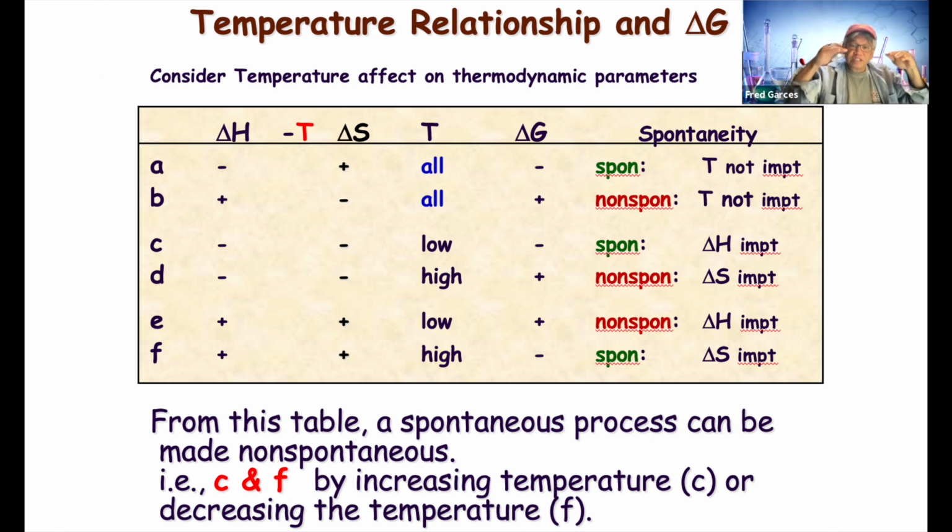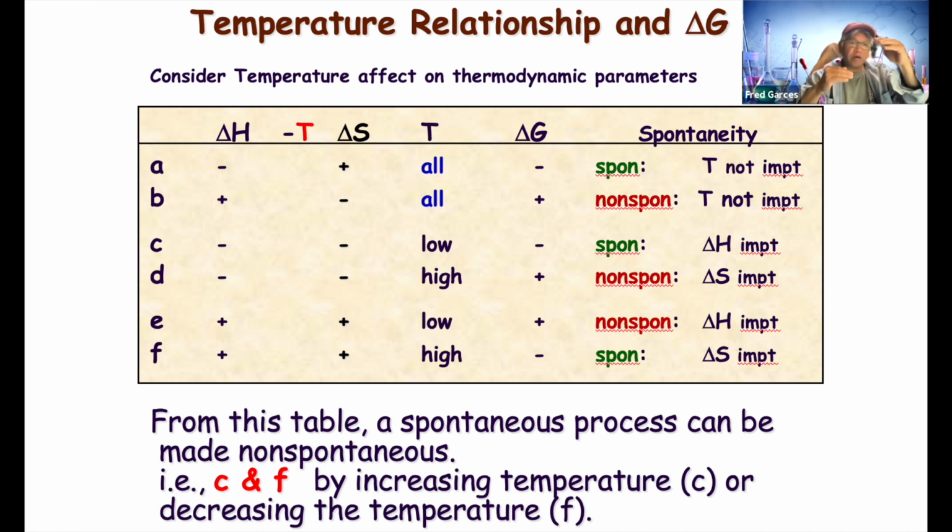When the signs are the same, both concepts are competing against each other in terms of spontaneity. When it's downhill but more organized, one says it's spontaneous, the other says it's not. Temperature plays a role.